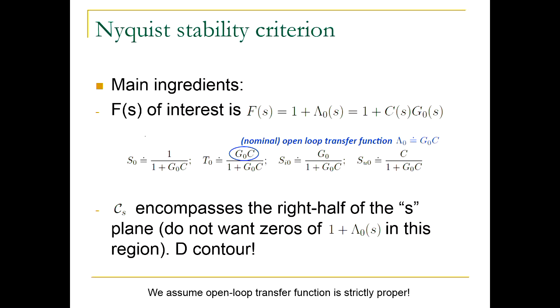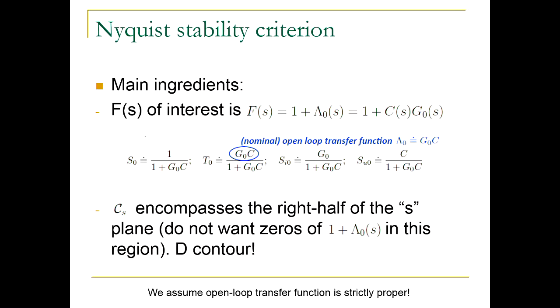And what we do not want is zeros of 1 plus lambda 0 in this region. Why is that? Why don't I want zeros of 1 plus lambda 0 in the right half plane? Why does it cause instability? Those are the poles of all the sensitivity transfer functions.